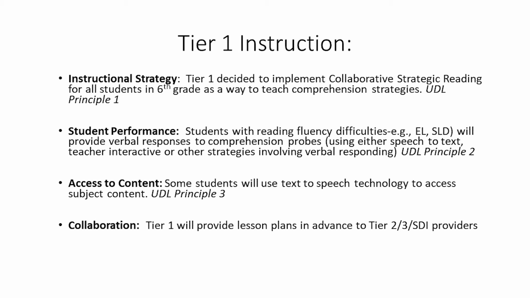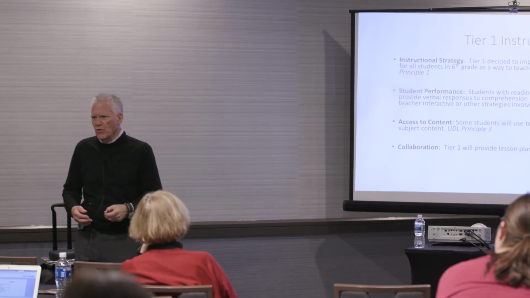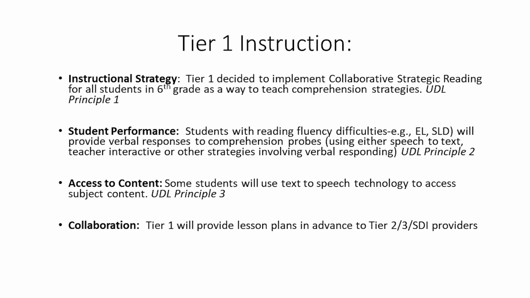UDL Principle 1. That would go with Indiana's definition of differentiation for all students. Student performance. Students with reading fluency difficulties will provide verbal responses to comprehension probes using either speech-to-text, teacher interactive, or other strategies involving verbal responding.